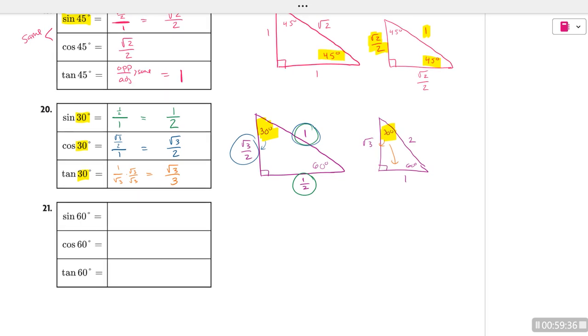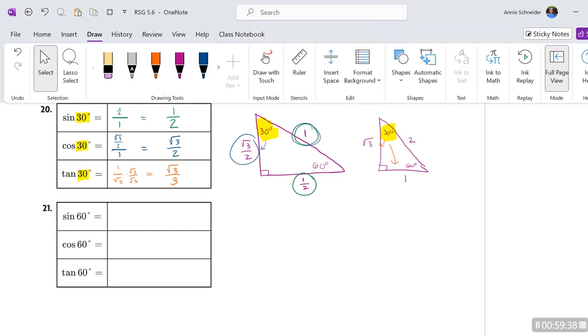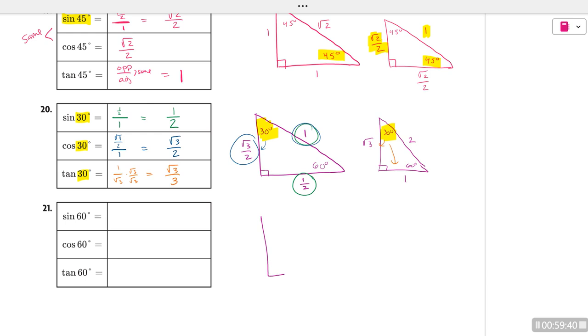Okay, so let's now do the same thing with our 60-degree angle. I don't necessarily need to redraw it, but why not? I'm going to make these triangles more to scale. That's good enough. Let's keep our orientation the same. Let's make this our 30 and our 60. So I'll keep the square root 3 over 2, 1/2, 1.